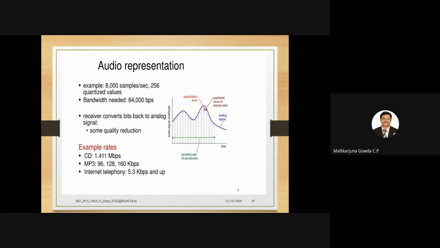As I said, our voice frequency range is from 300 Hertz to 3400 Hertz, and it will be rounded off to 4 kilohertz. As per the Nyquist rate, it will be sampled at twice the highest frequency of the message signal. So we get 8,000 samples per second.